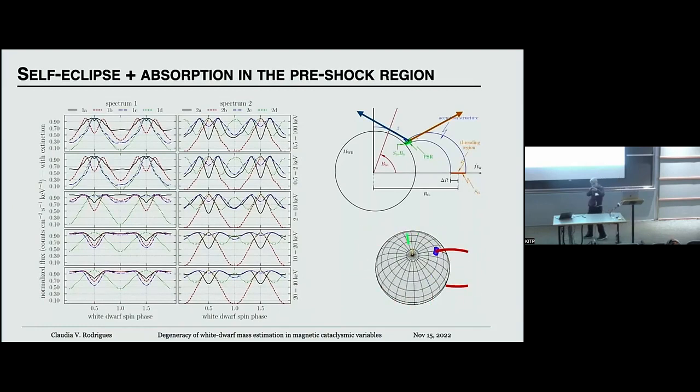We have the post-shock region, and the post-shock region can cross the magnetic column depending on the phase. When the magnetic column is in the direction of the observer, you have absorption, and in this direction, no. So with this variable absorption along the spin, the white dwarf rotation can also introduce a modulation of the emission.